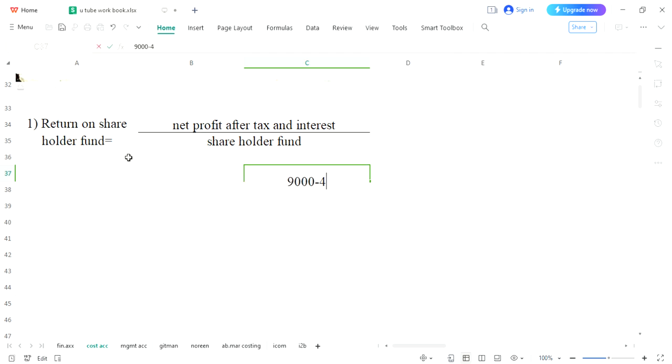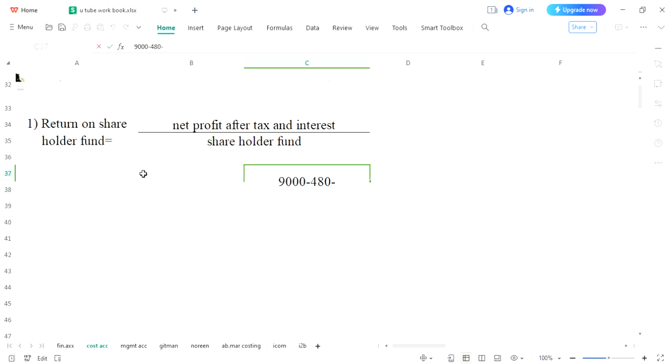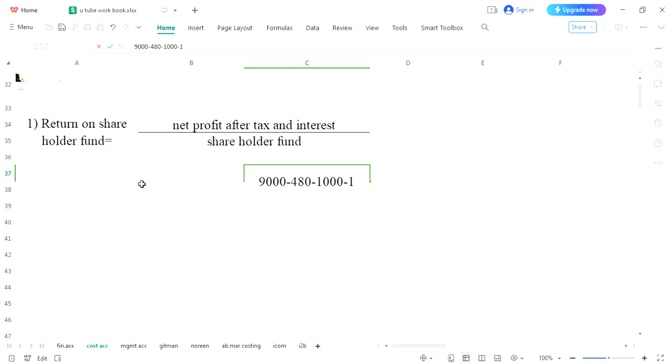Then you haven't charged your salaries, 1,000. And you haven't charged your tax of 1,000. What we are doing is calculating net profit after tax and interest. We have subtracted interest charges, tax, and salaries as well. So it becomes net profit after tax and after interest.